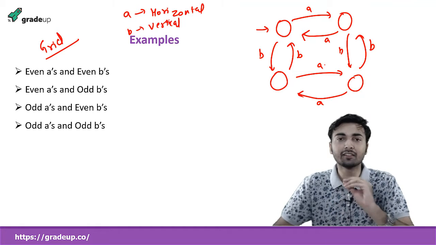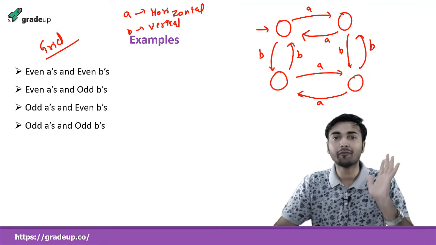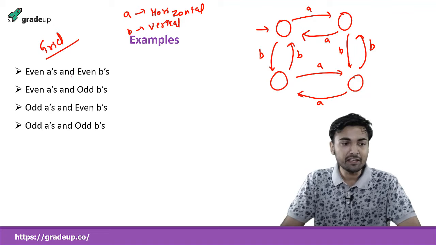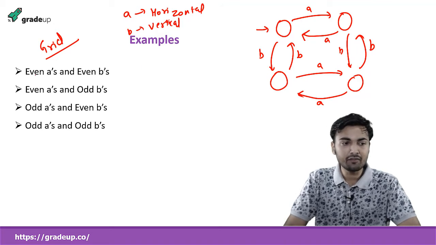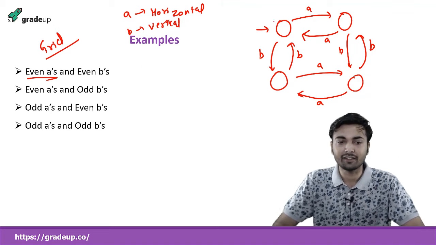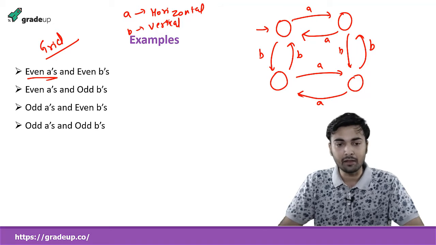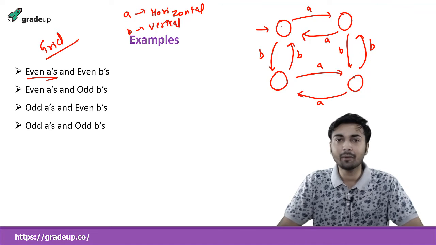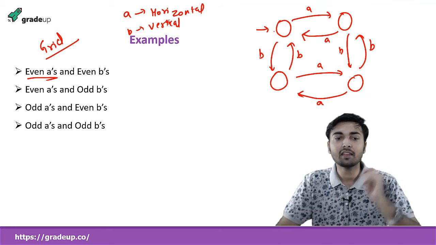Now you have to decide what is the final state. See here. Even A and even B. Even A. First of all, realize what is even A. Number of A's must be even. So A, A, A, A. Here it will contain number of A's must be even.